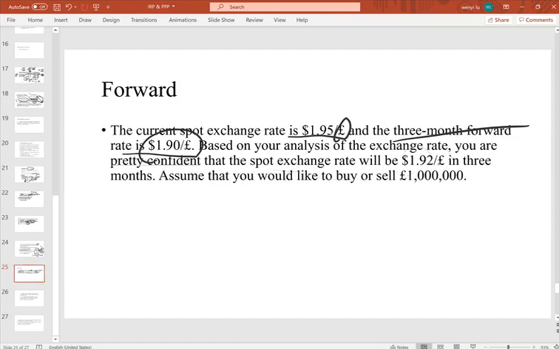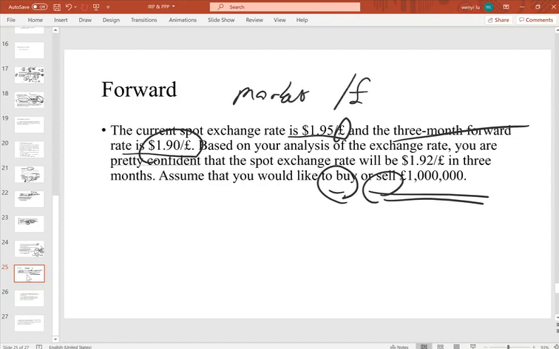Will you buy or sell 1 million pounds to make a profit? You need to determine how you will make a profit. So you can see here, the market believes 1 pound will be worth $1.9 in 3 months.